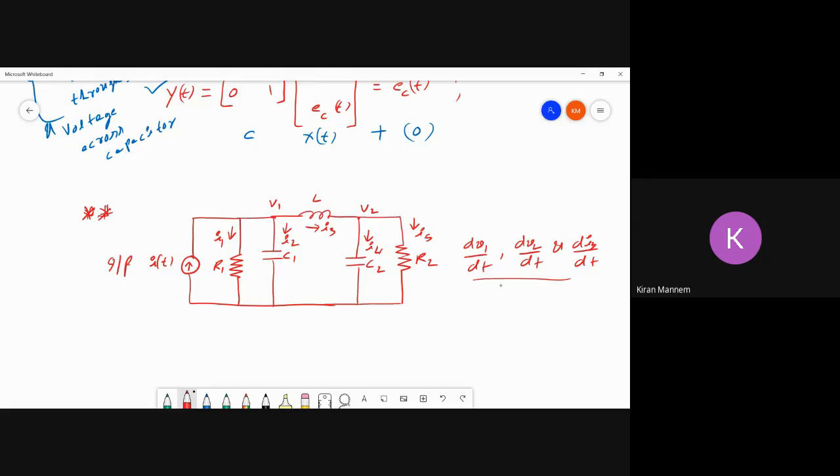So what are the state model equations? X dot of t is equal to A into x of t plus B into u of t, and then y of t is equal to C into x of t plus D into u of t. Right? Now how do I write the equations?